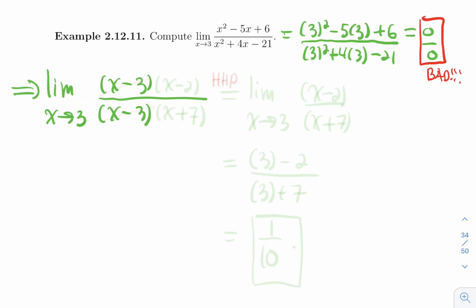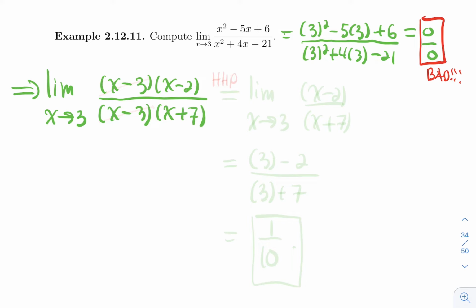We just need to figure out the other one. So here we get x minus 2, same as the previous one, since minus 3 times minus 2 is plus 6. And for the denominator, we want minus 21, so we get x plus 7.